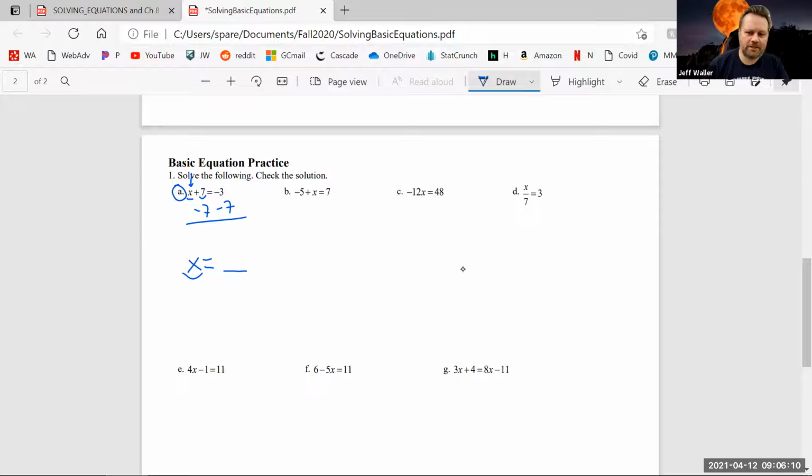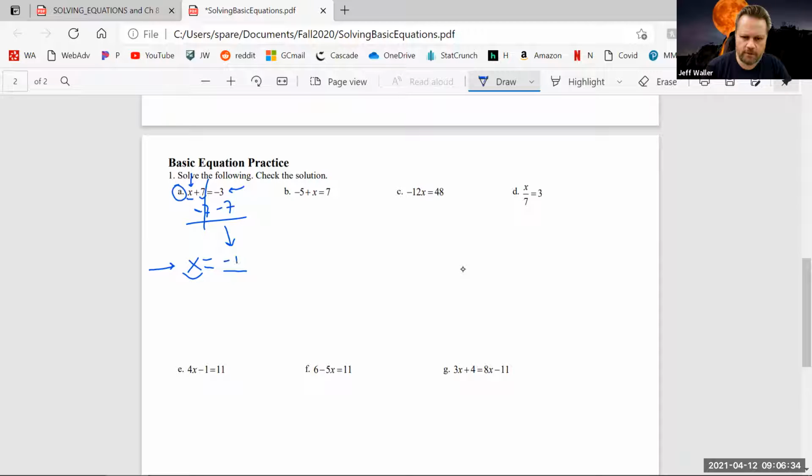That sounds much deeper than it should be for algebra. But if this first statement is true and I do the same thing to both sides, it will maintain the truth of it. So therefore, my last statement will be true. So then if I do this, the 7's cancel and I get, what's negative 3 minus 7?